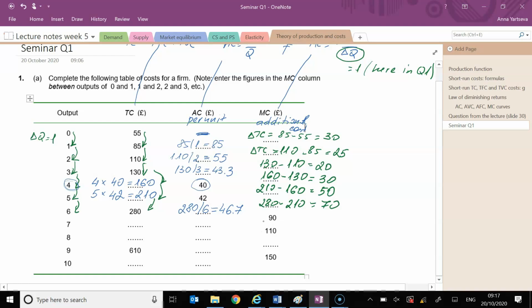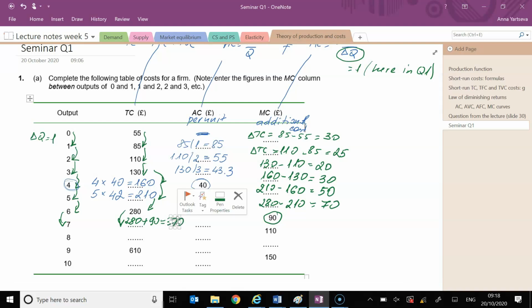We'll need to use marginal cost data, these numbers 90 and 110, to work out total cost and average cost. So have a look at how we do this. As we move from 6 to 7 units of output, our total cost should increase by that amount. So total cost goes up from 280 to some number which is 90 pounds higher, which is going to be 370.